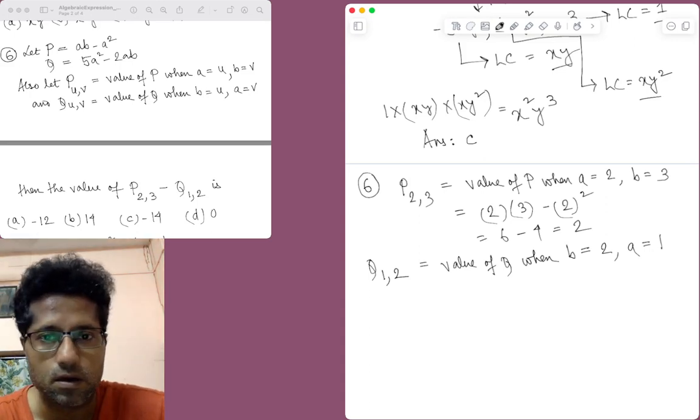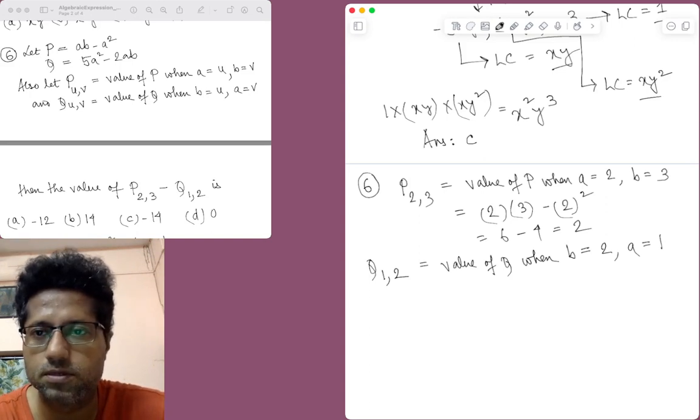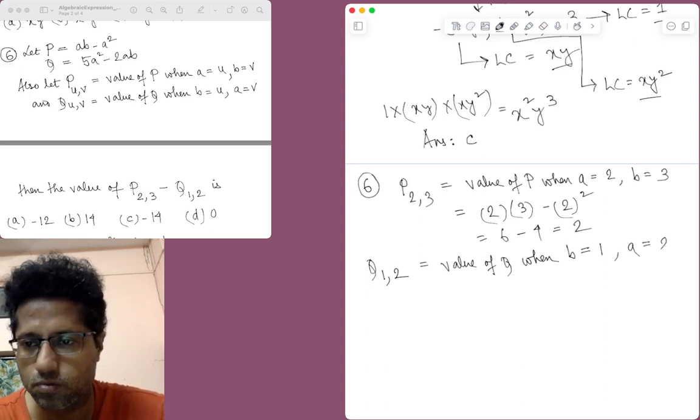Sorry, where b equals u, b will be 1 and a equals v, where v here is 2.